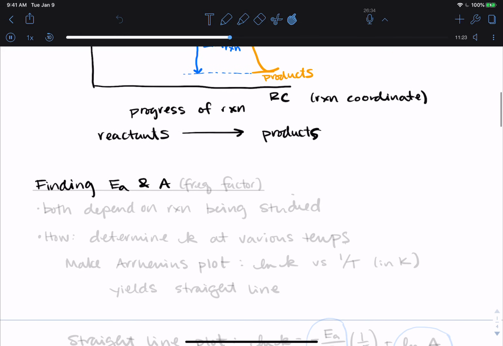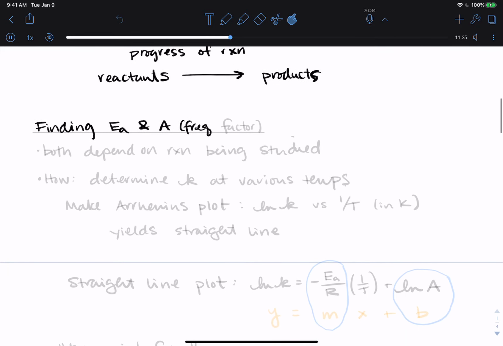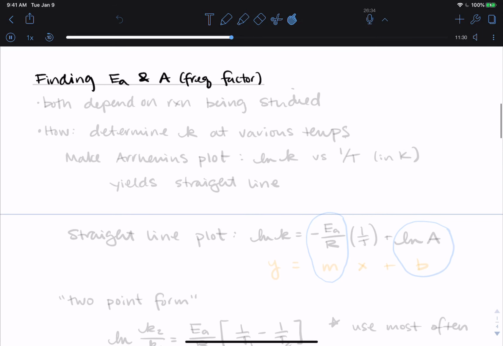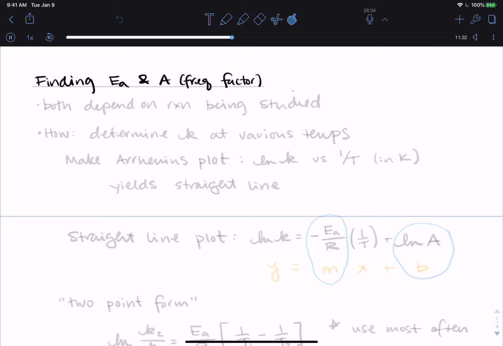So that it doesn't look like I just started a sentence and forgot, I typically label A as the frequency factor. Both of these values depend on the reaction being studied, but both of them can also be determined graphically.